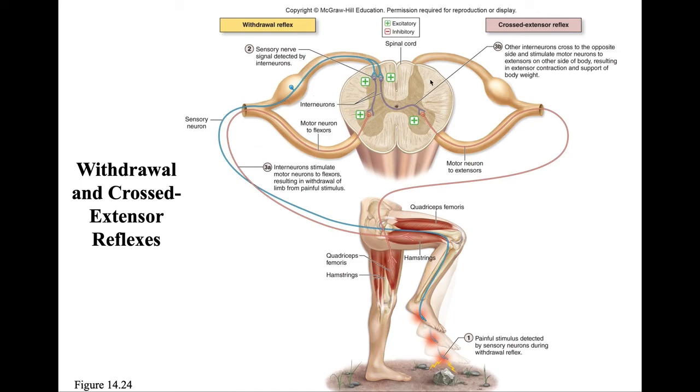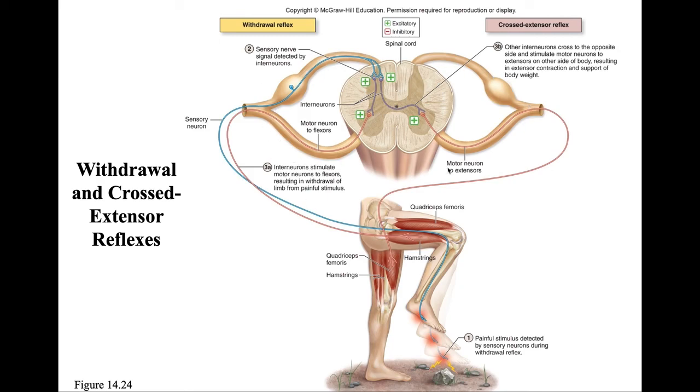That's what's happening in this story with this loop. But at the same time, the opposite leg is told, that's the other leg, the left leg, is told to stand firm. Because when you lift one leg up, you want to make sure you don't fall, so the other leg is now sturdy and firm. So again, we have the right leg, both sensory and motor, and that's why it's a loop, and it's an ipsilateral loop.